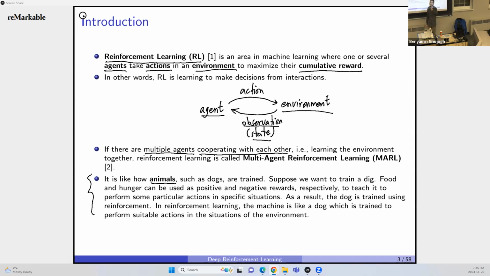Assume rather than one player, I have several players, several agents. What do I mean? Assume the environment is big or complex. Rather than having one agent to learn the environment, what do I mean by learning the environment? When the agent goes and does some actions in the environment and sees the state and the reward, it will learn this environment.